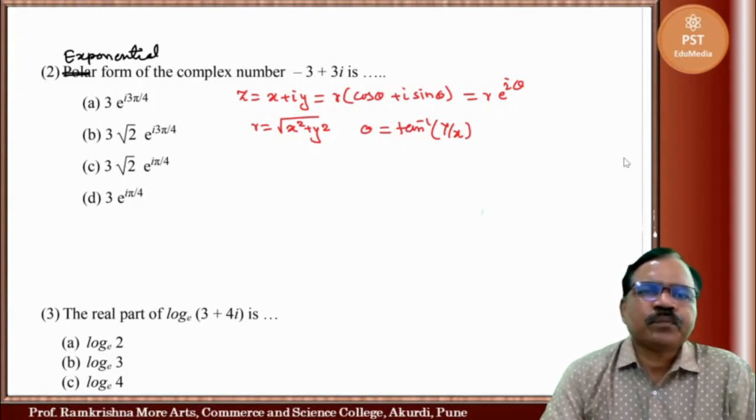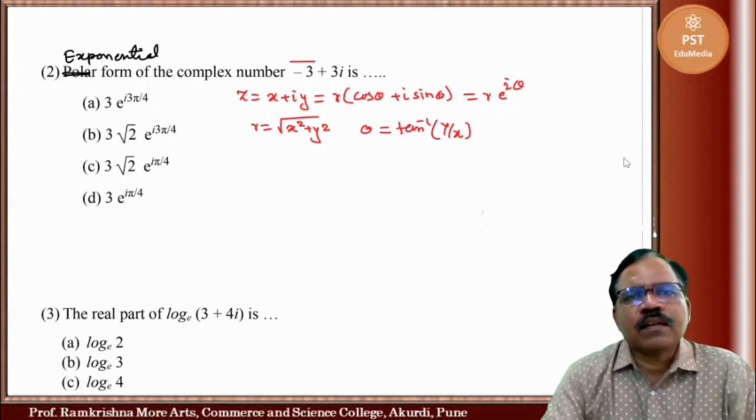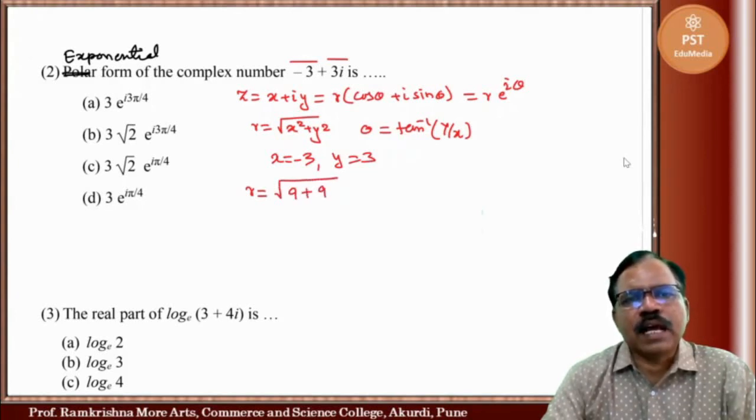So here if we see this one, x is minus 3, y is 3. So we get r is equal to root of minus 3 square, that is 9, plus 9.